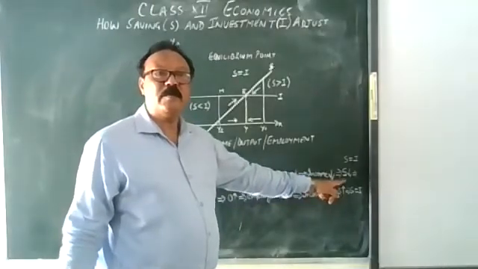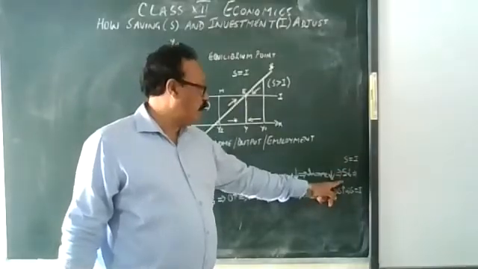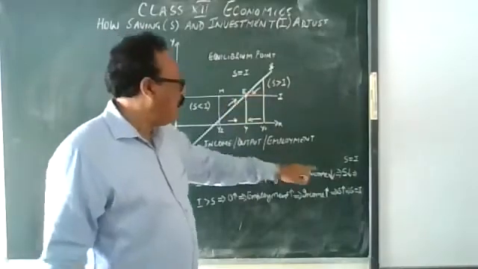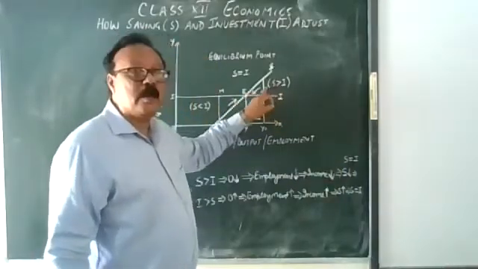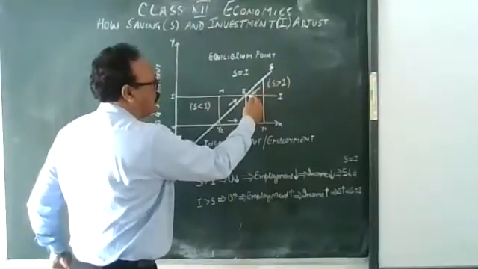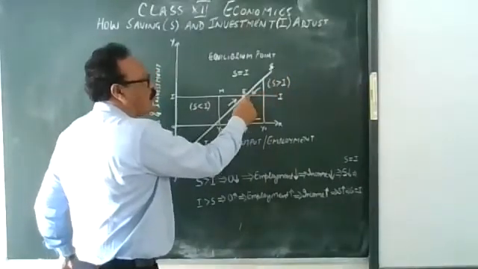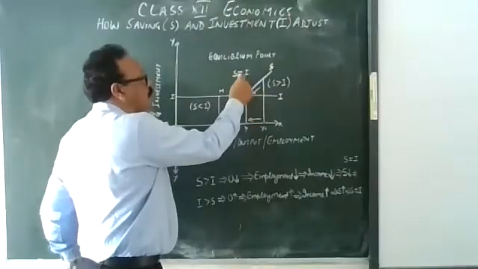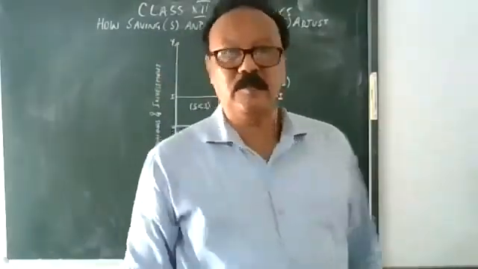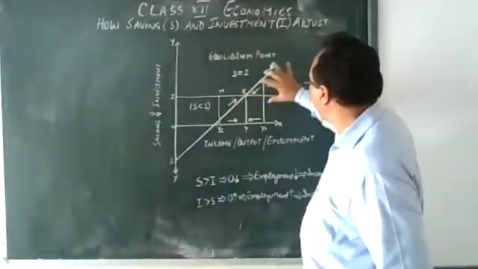What happens to your savings? Your savings also become less, and you will keep on reducing your output till your S equals I. So you see the downward arrow shifting till it comes to the point here where S is equal to I. This is the first part of the diagram.